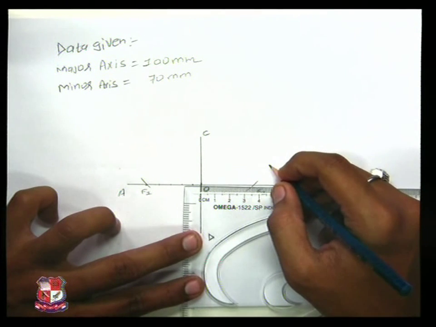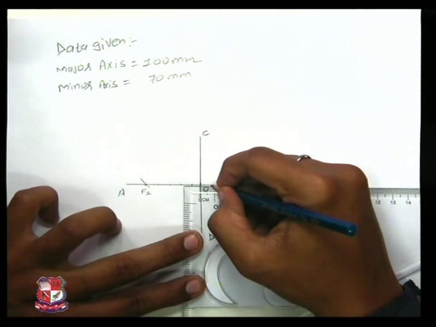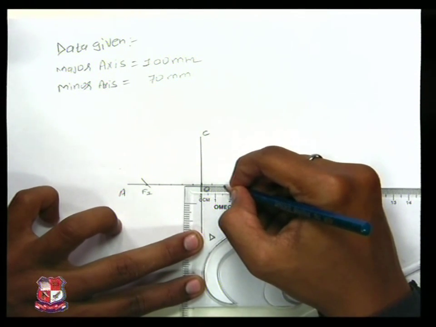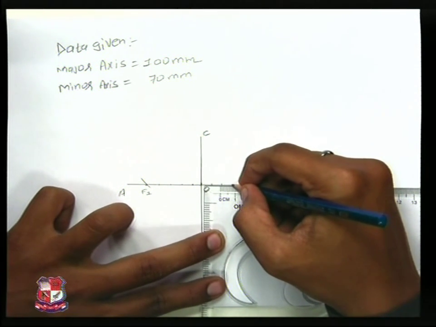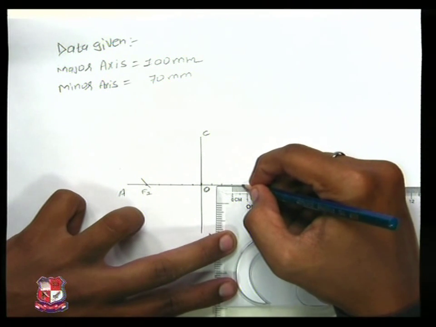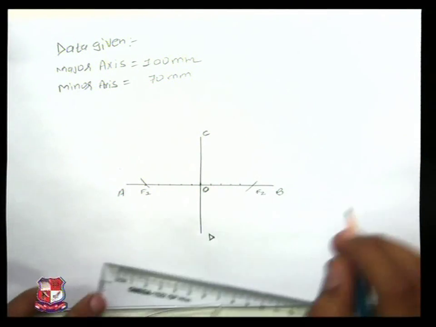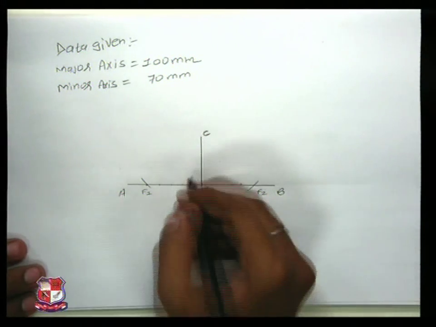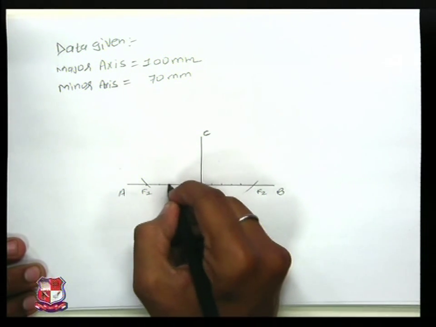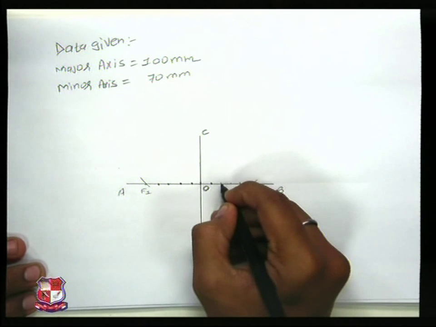In the same way on the other side, eight mm divisions on each side. We have divided OF1 and OF2 into 5 equal parts on both sides, as you can clearly see.